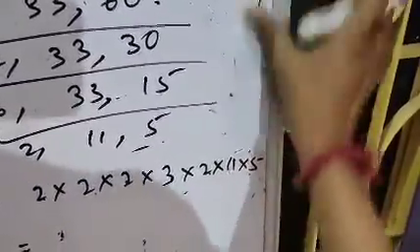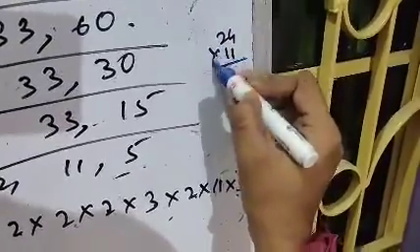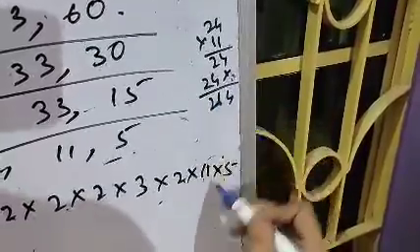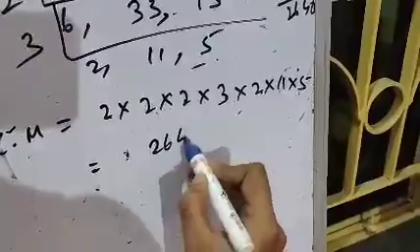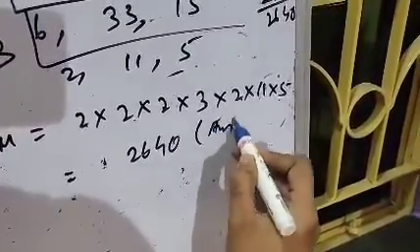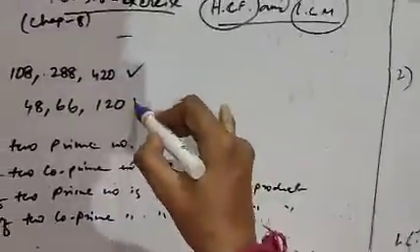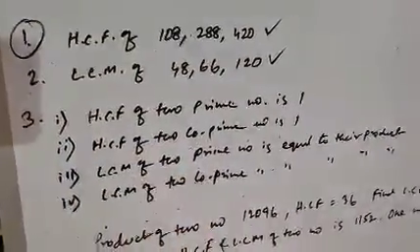Next 240 into 11. So 24 into 11 and 240, so it's 2640. Your LCM will be 2640. This is your answer. Question number 2 complete. Next, question number 3.